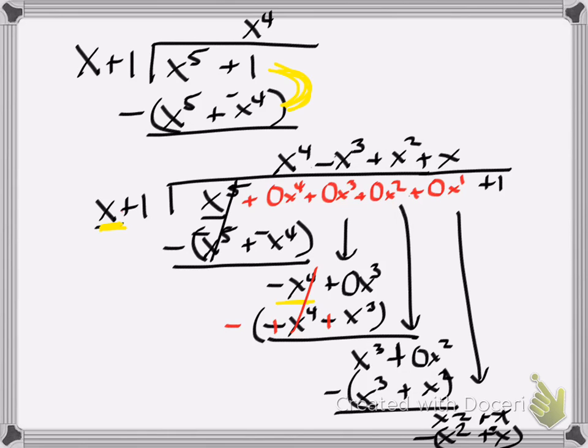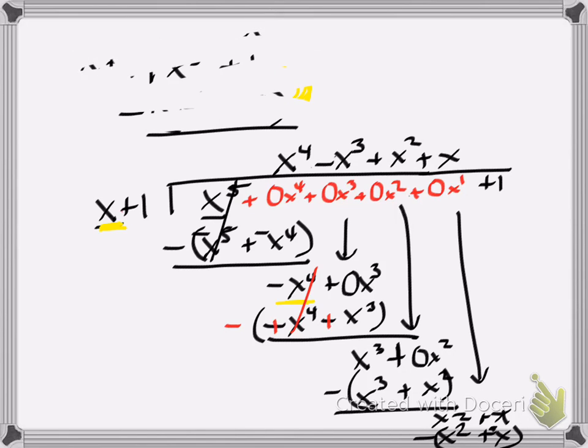Someone asks, how come you put 0x to the 4?